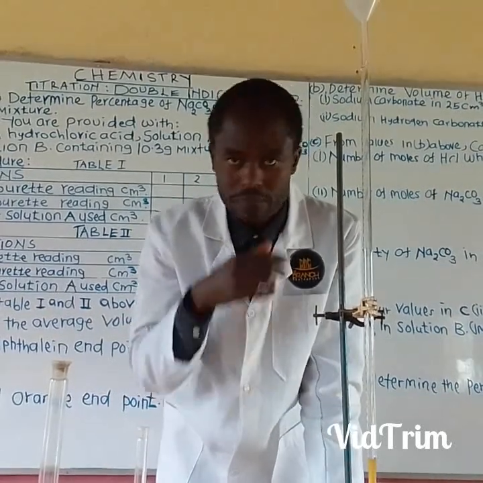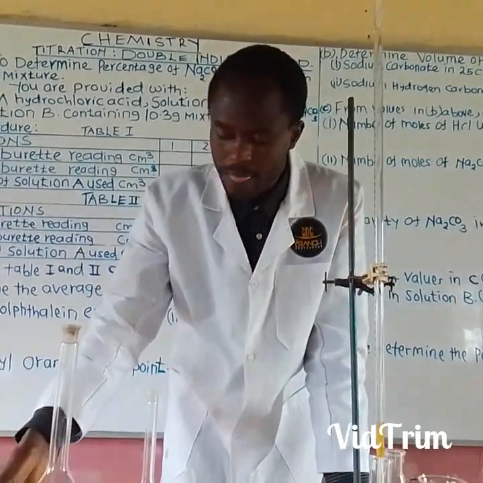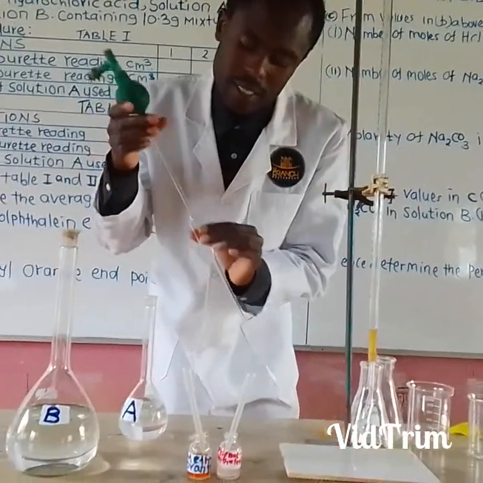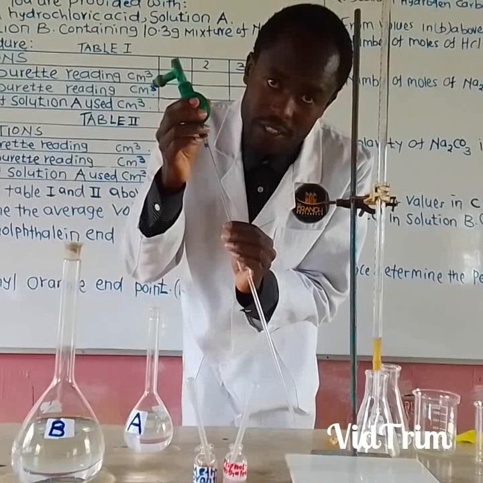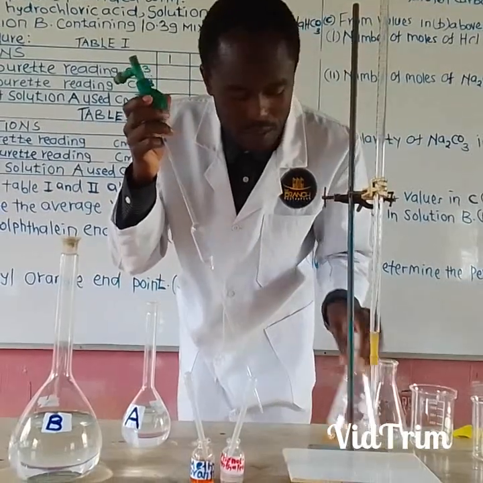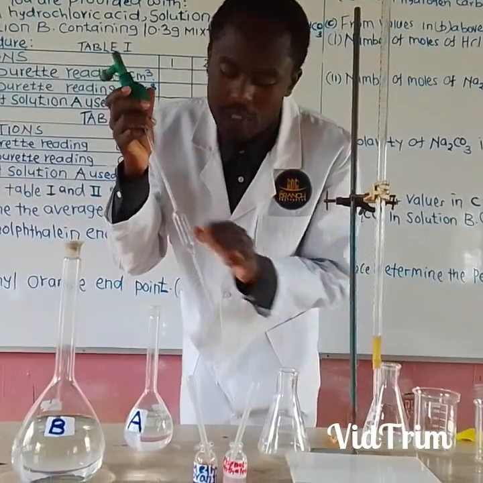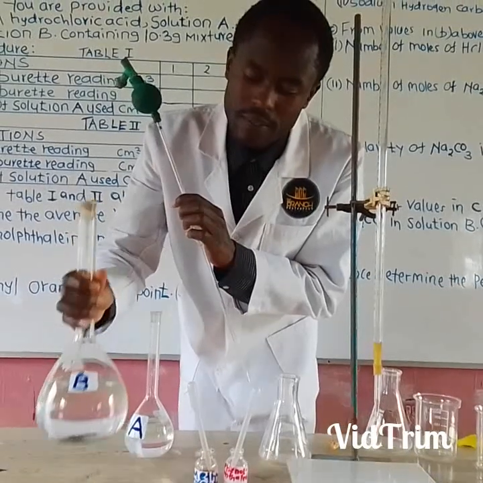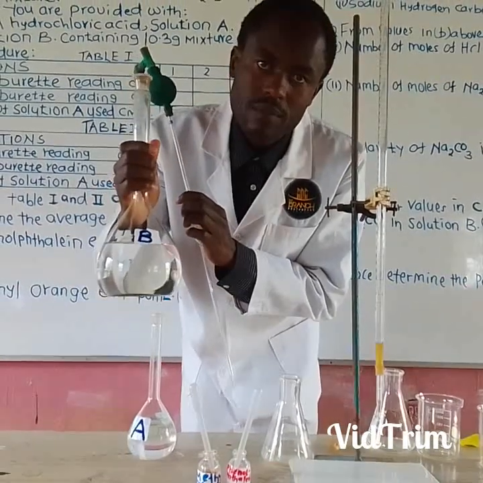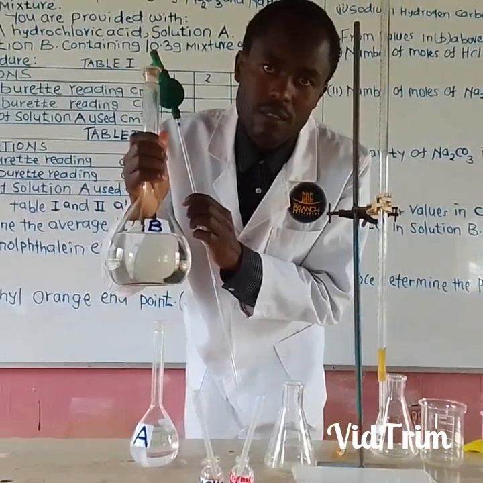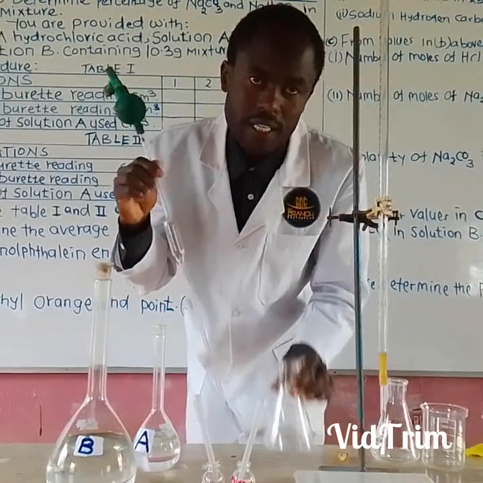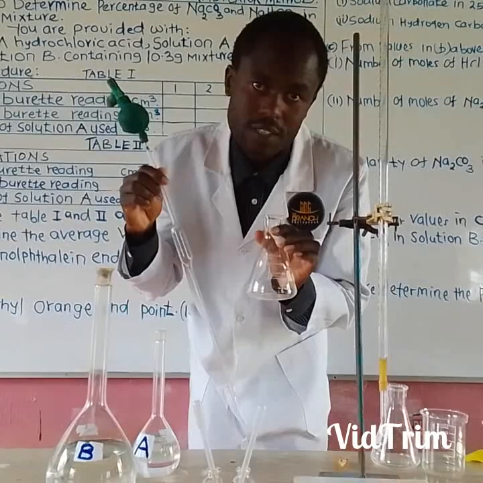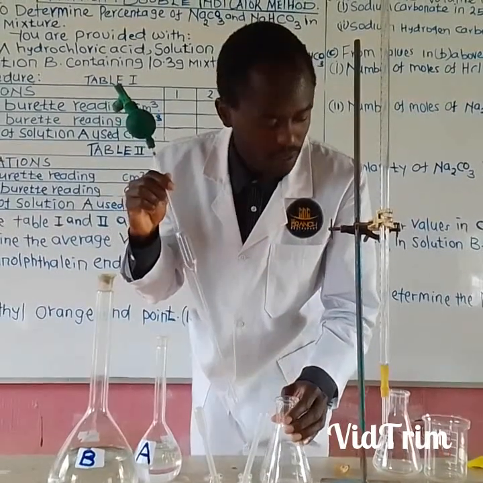Procedure number 2, I take a pipette and a pipette filler. Is it okay? So that I'm going to pipette 25 mils of solution B into a clean conical flask. Is it okay? Let us go.